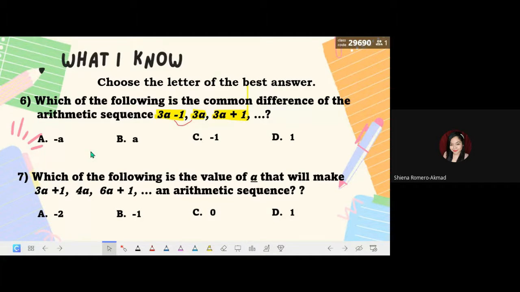Oh, sige, let's try adding negative A. Kung nag-add ba tayo ng negative A dito, magiging 3A. What's something in common dun sa tatlong sequences na meron tayo? Lahat po sila merong A, or lahat sila merong 3A. Okay? So, wala nagbago dun sa 3A.